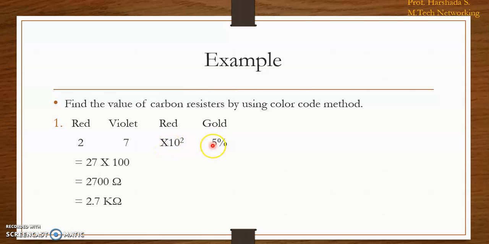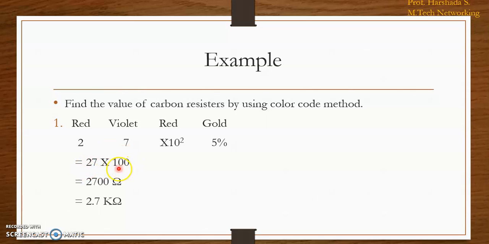So now we calculate the exact fixed value of that resistor. Combine the first 2 digits, so that is 27. 10 raised to 2 means what? 100. So we write here 100.